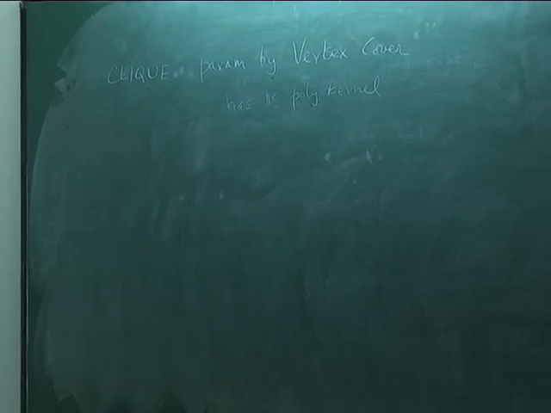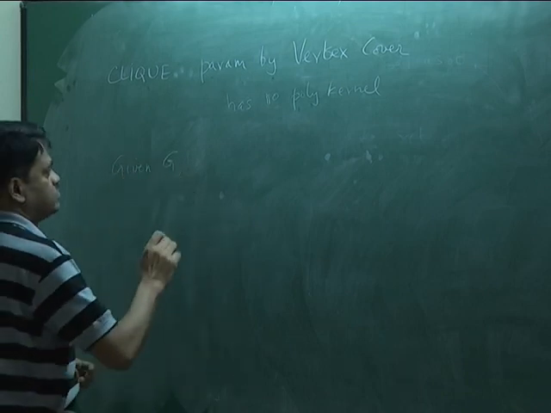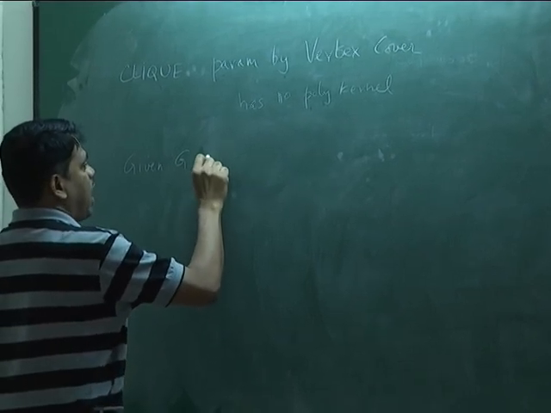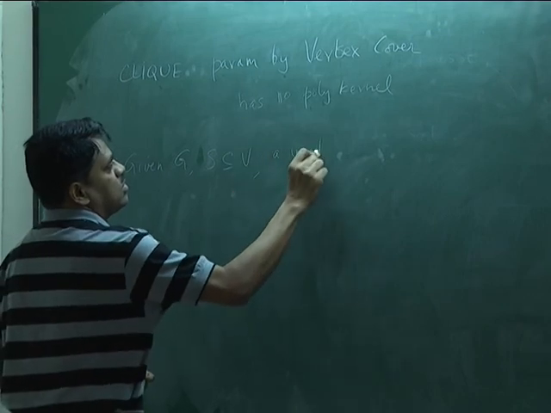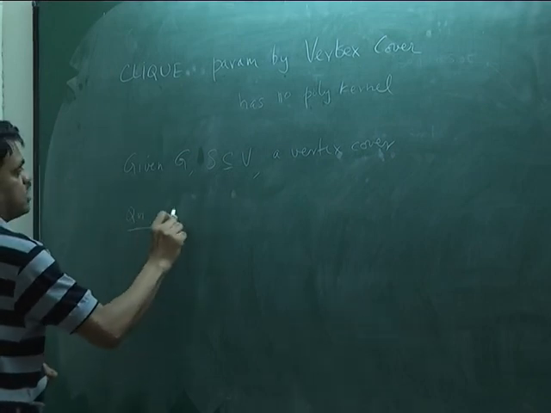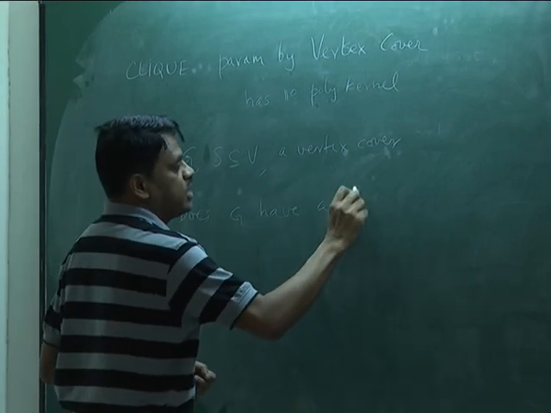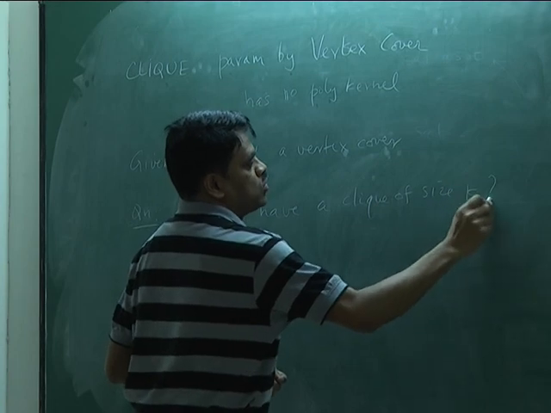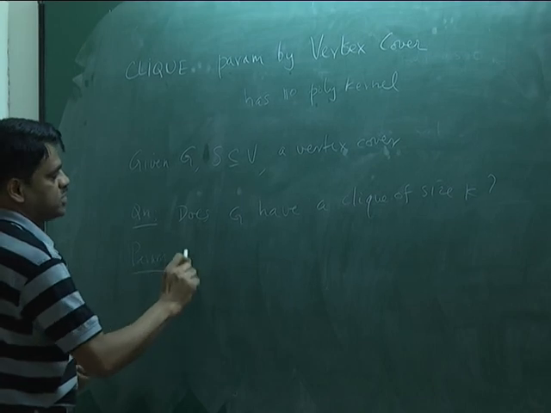You are given a graph and the vertex cover S, and the question is, does G have a clique of size at least k? The parameter is not the clique size, but the parameter is the size of S.